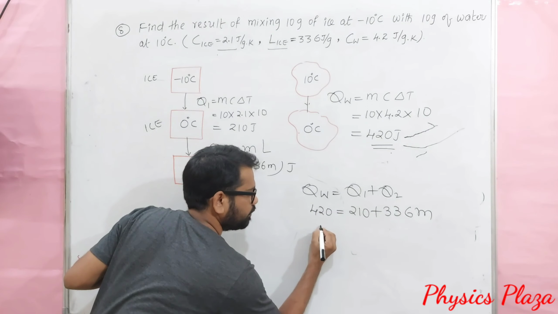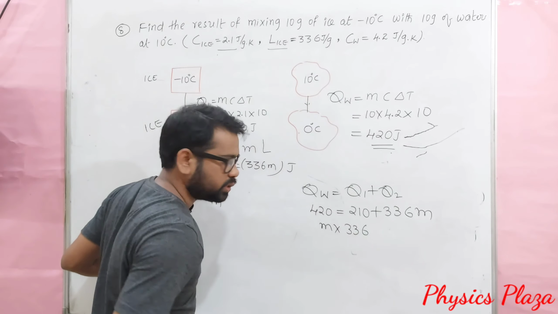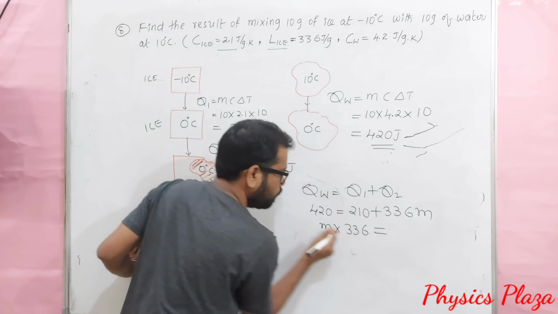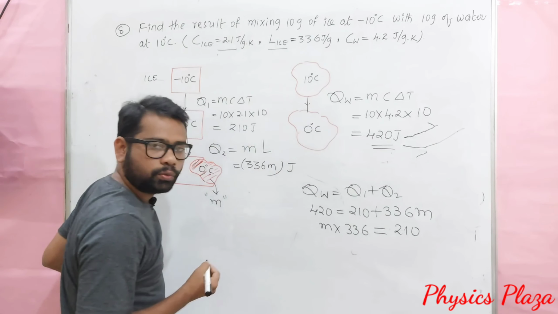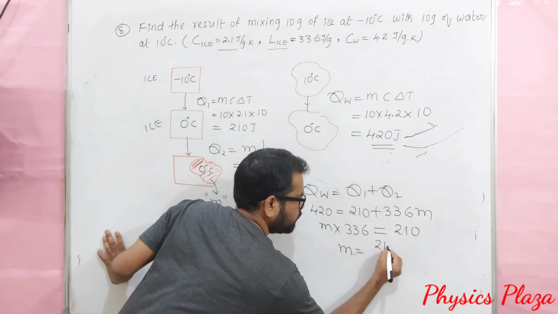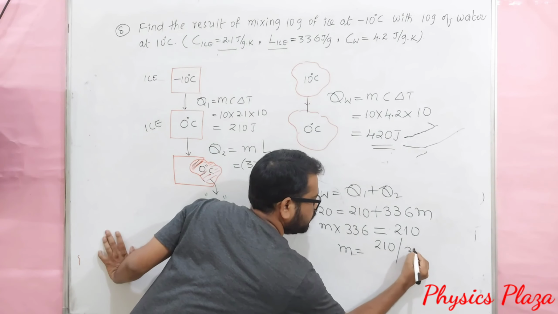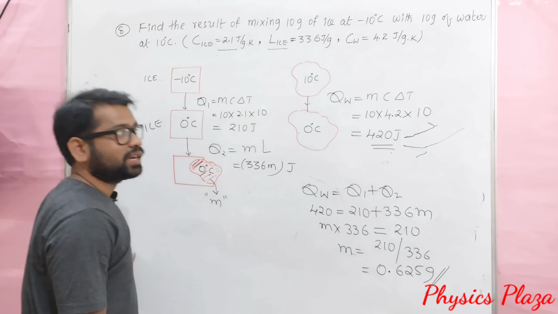So we can write m into 336 is equal to 420 minus 210, which is 210. So m is equal to 210 by 336, which gives 0.625 grams.